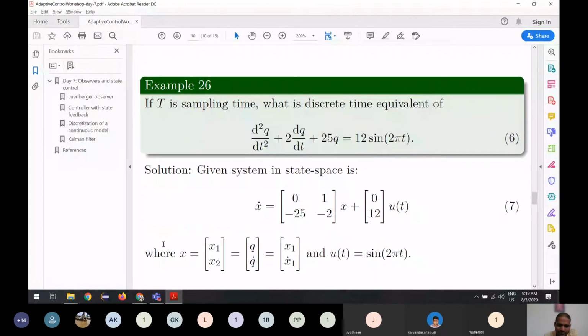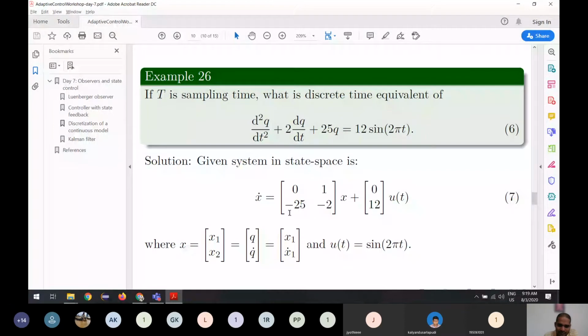First, we write this system in state space. It's actually not required, but I'm writing it because it's easier for us to understand. So how do we do this? If x1 is equal to q and x2 is equal to q dot, then x dot is x1 dot, x2 dot, right? What is x1 dot?